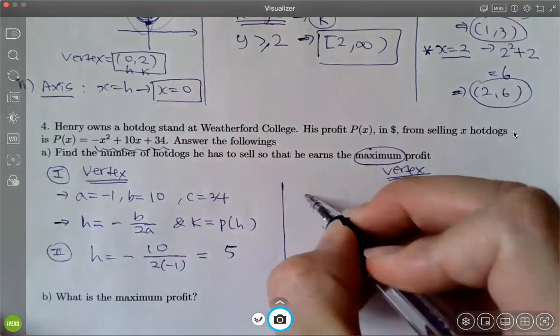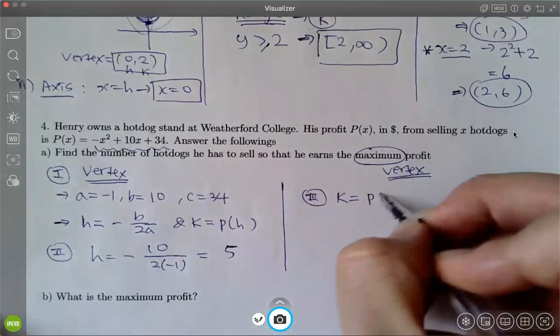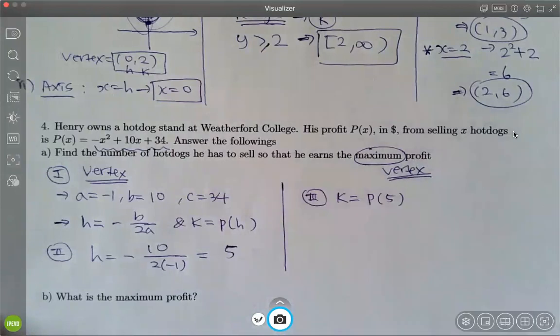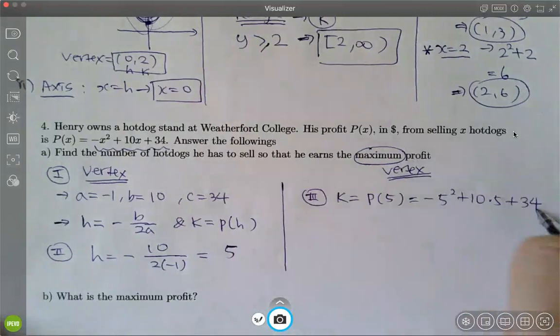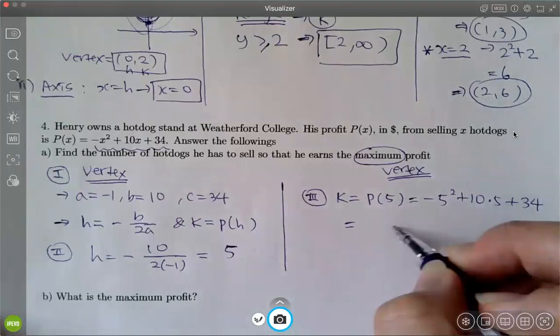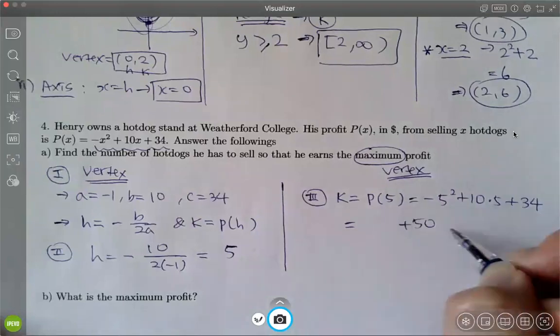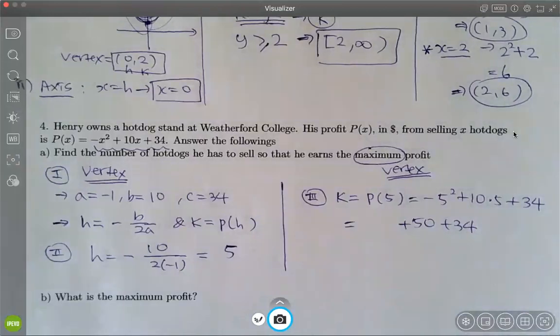Okay, and now, what is k? It's P(5), which is equal to -5 squared plus 10 times 5 plus 34. So this is equal to something plus 50 and then plus 34, right? Now, what is the first number equal to? Is it +25 or -25?